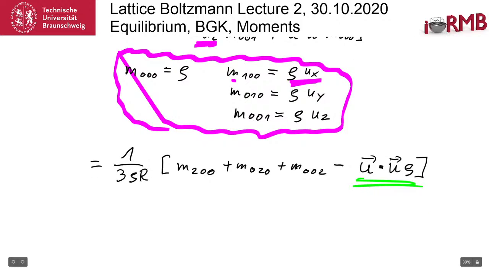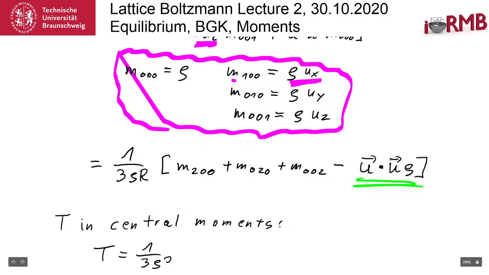So if we write this in central moments, it is T equals 1 over 3 rho R, and we have K200 plus K020 plus K002.